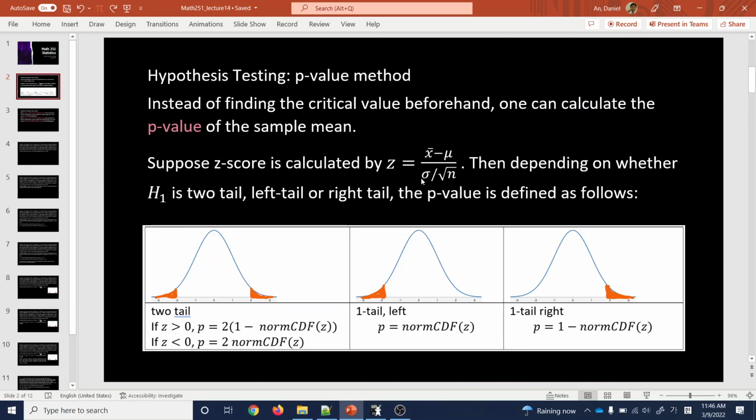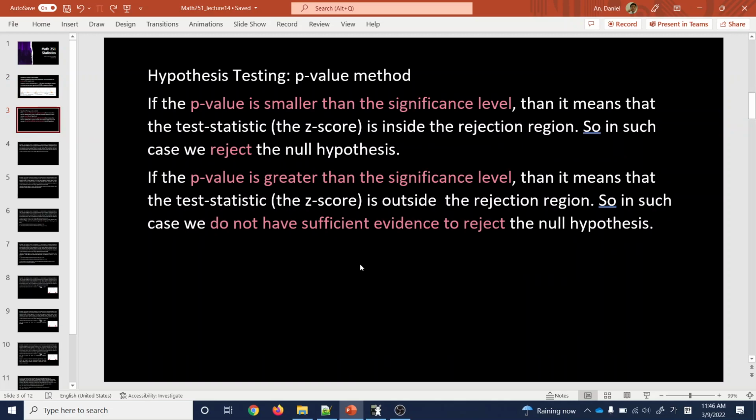If you don't know the standard deviation of the population, which is most likely the case, and if your sample size is below 30, then you have to use the t distribution rather than z, and you have to use not the norm CDF, but TCDF here. So it's the same formula, but all the normal distribution is now replaced by t. So maybe I should note that here as well.